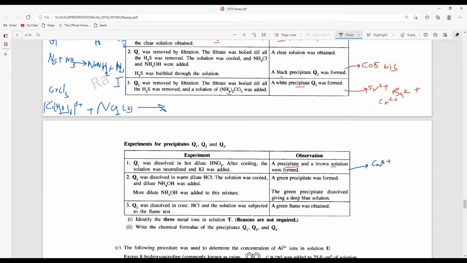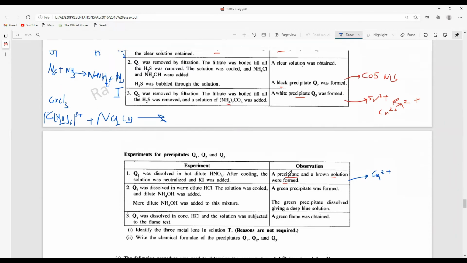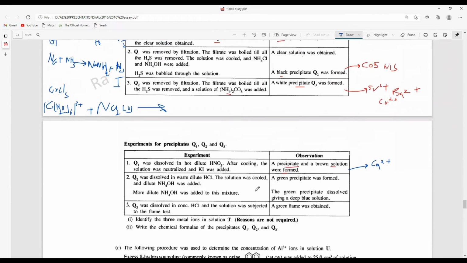And then this is copper 2+. And for the second precipitate, which is our sulfides, in the basic condition, Q2 was dissolved in warm dilute HCl, and the solution was cooled, and dilute ammonium hydroxide was added, so hydroxide can be formed, and a green precipitate was obtained.